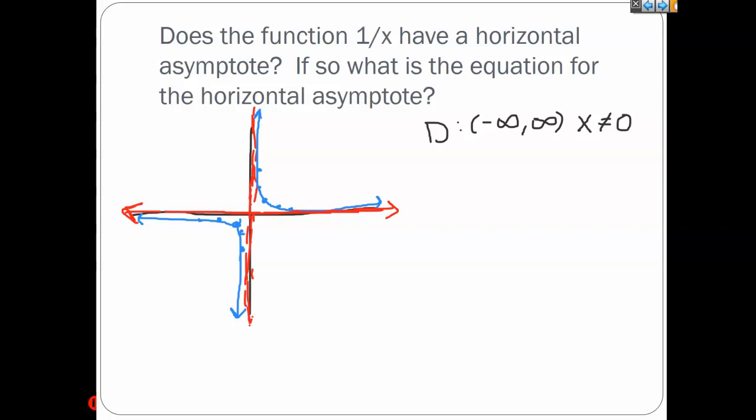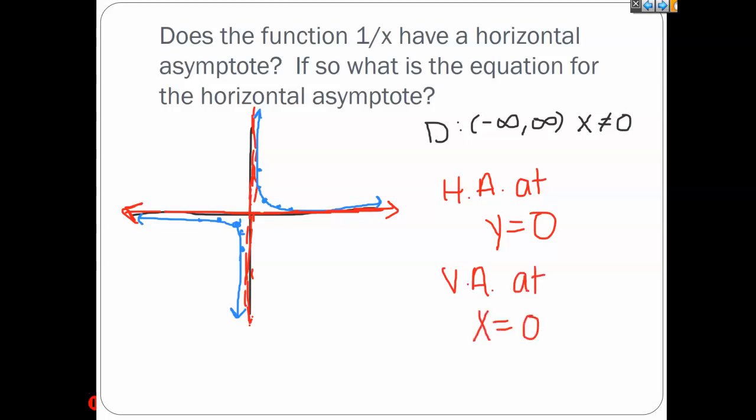Therefore, there is a horizontal asymptote at y equals 0. And if you follow the table or the chart down below, you can see that as well. And just if you want to know, there's a vertical asymptote at x equals 0. So today we are going to talk all about horizontal and vertical asymptotes. That is our goal.